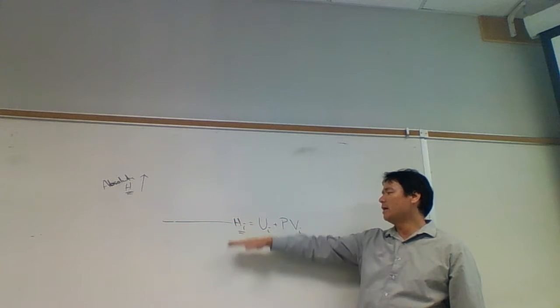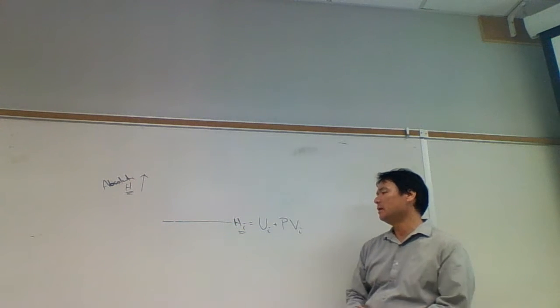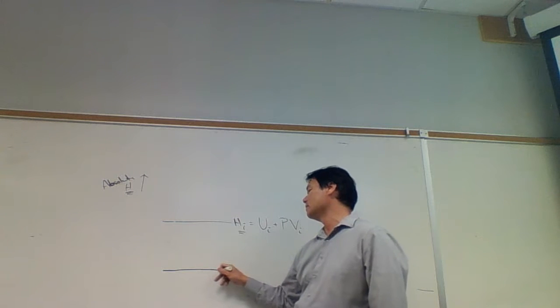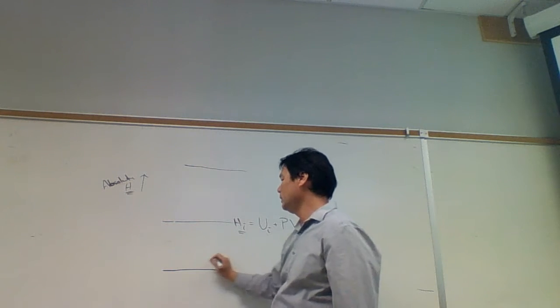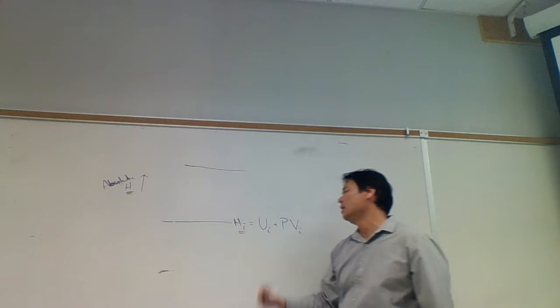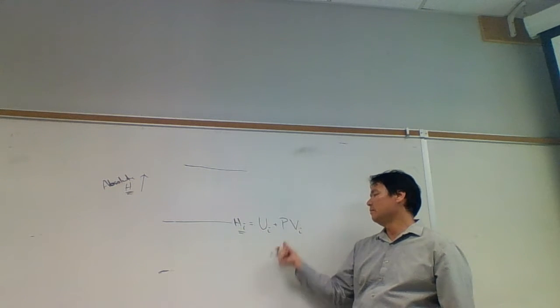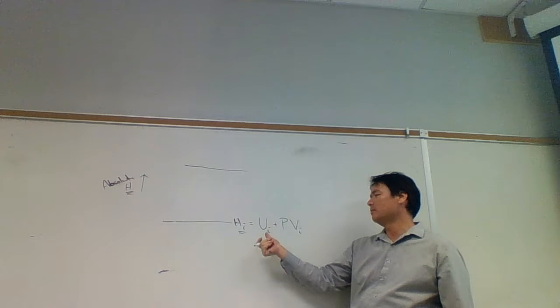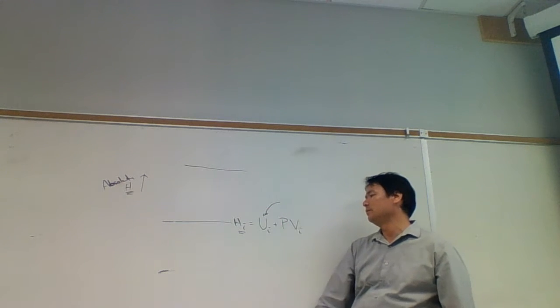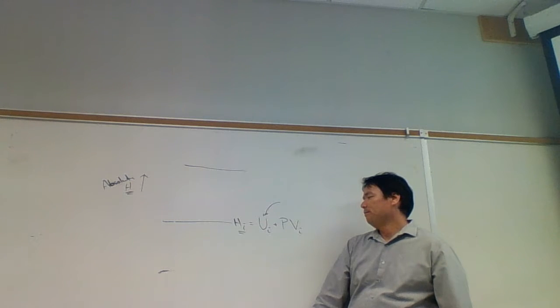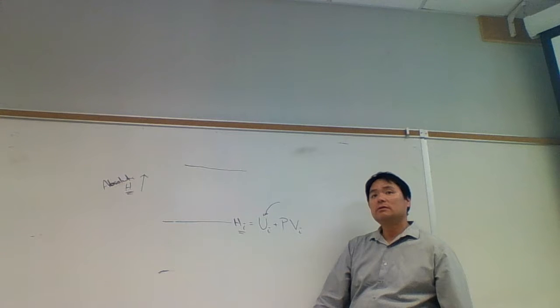So H could be high or low depending on what we start off with. It's high if there's something lower here, or low if there's something higher here, but in itself, it's just the total energy. The problem is not pressure or volume. The problem is U. We don't know exactly how to calculate or measure it accurately.